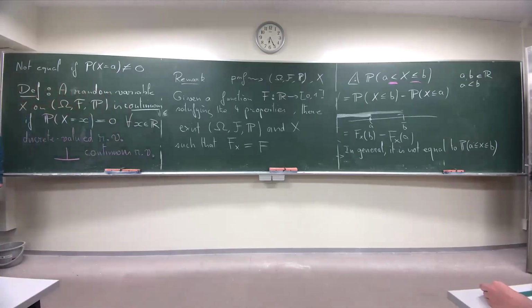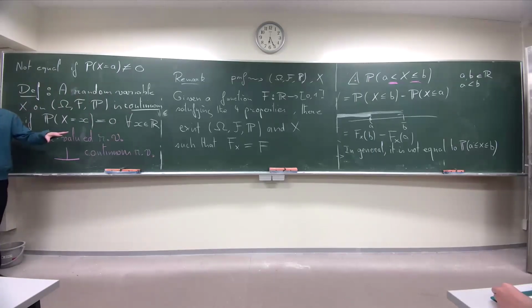They are orthogonal, though it's not precise yet, in the sense that no discrete valued random variable is continuous, because you would have a contradiction, and no continuous is discrete valued. So these are two kinds of random variables which are very different.